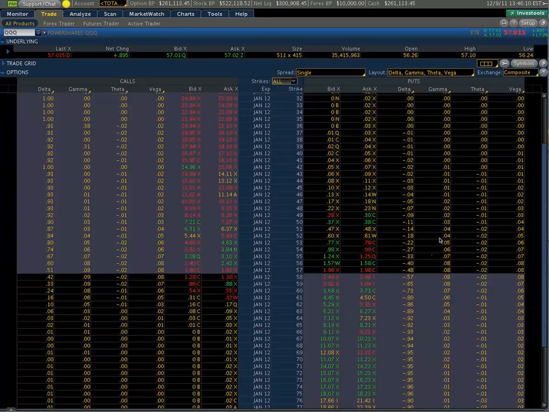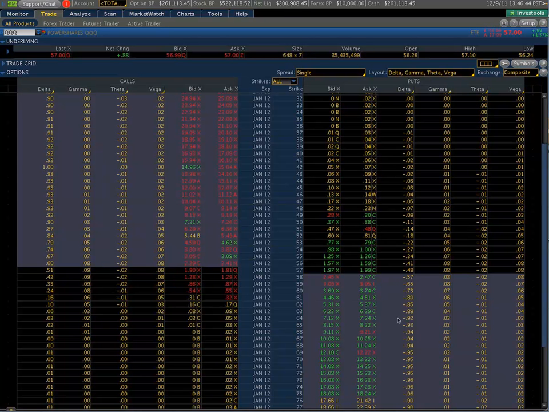The same thing is true for put options. If you take a look at the deltas, you can tell, and now deltas for puts are always negative. That means that as the market drops by $1, you will gain 18 cents if you were to purchase these 52-cent puts. And if the market actually went up $1, you would lose 18 cents on these 52 puts, the strike price 52.